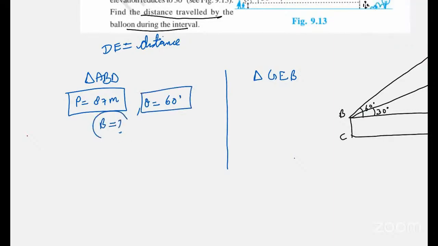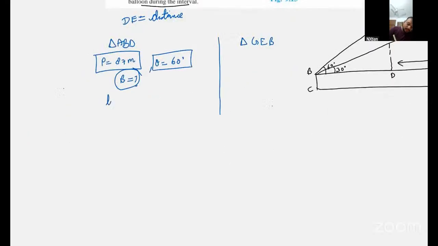Which formula will you use? Tan. So tan 60 degrees equals perpendicular upon base. Tan 60 is root 3. So root 3 equals 87 by B. So B is 87 upon root 3.